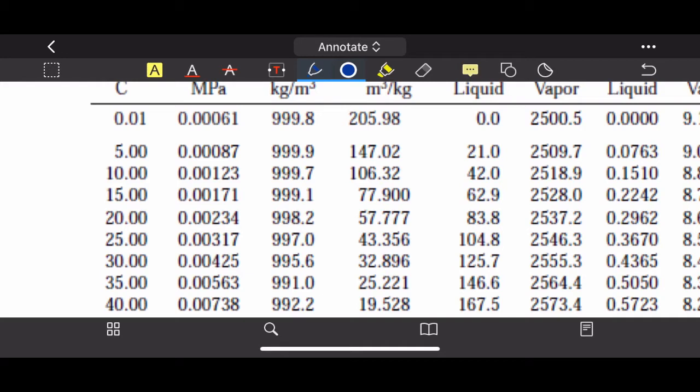Our temperature was 24 degrees Celsius, which is close to 25. Now what you can do is state in your answer script in the exam that you approximate the temperature to be 25 degrees Celsius, and by that you can take 0.00317 megapascal, which you multiply by 1000, and you will get 3.17 kilopascal.